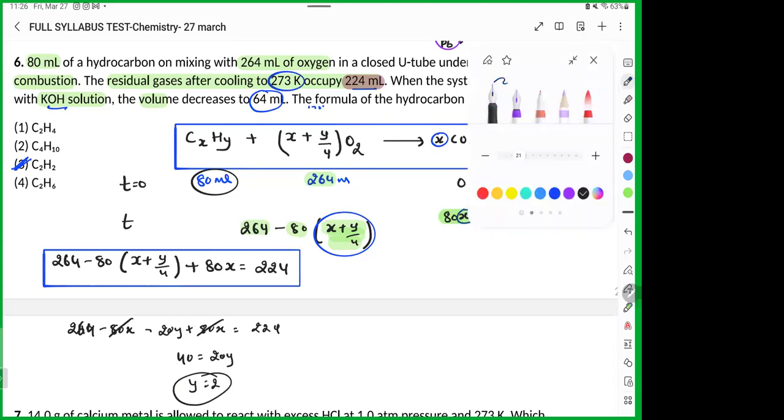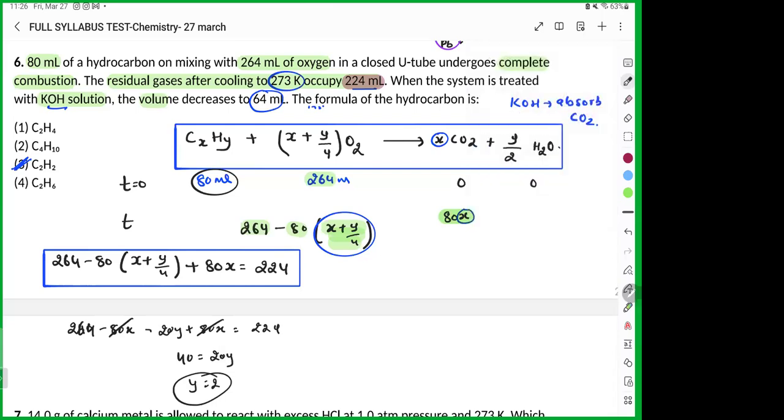For example, in the same reaction, if you want to calculate the x value, because maybe in future you can have two options that have the same number of hydrogen. So what will be the oxygen amount? 264 minus 80 times x plus y by 4.